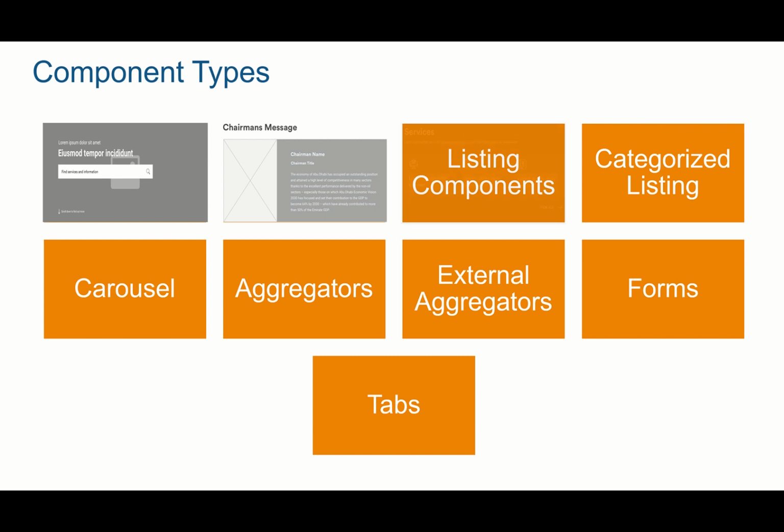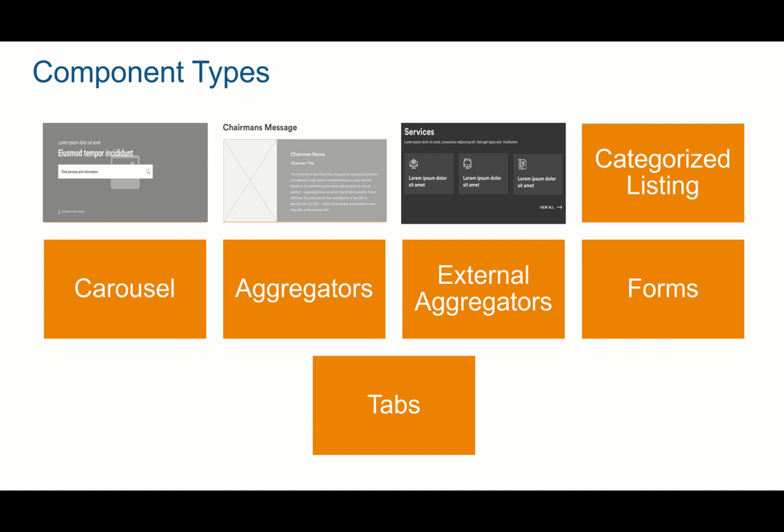Now, listing components are one of the most interesting components I've actually had to work with, because by default, Sitecore provides you with a linked list and the page list as two different types of listing components. However, if you look at each one of them, they do have some pros and cons.